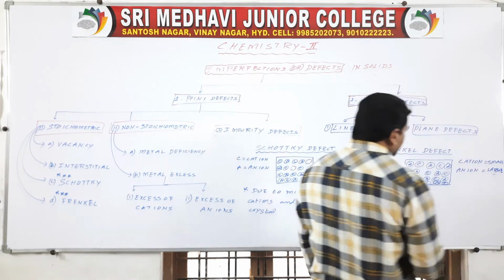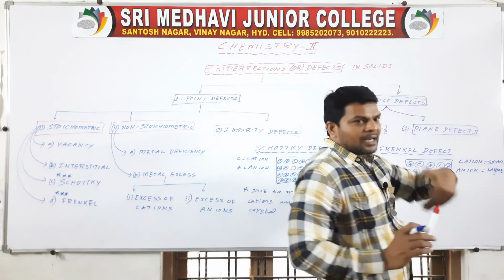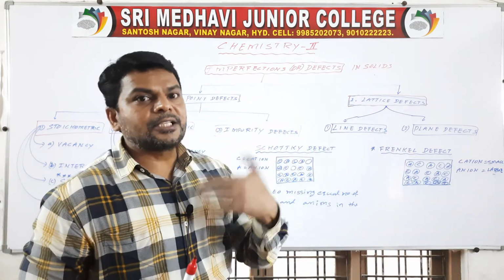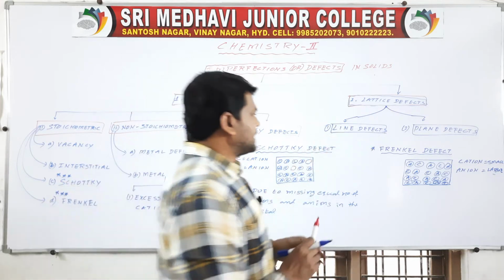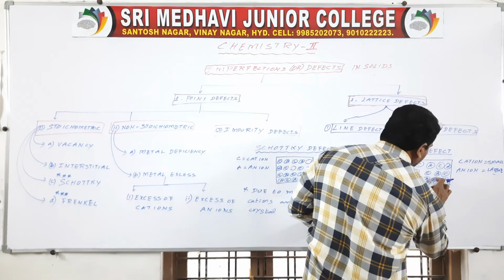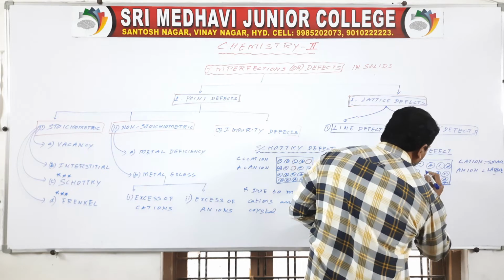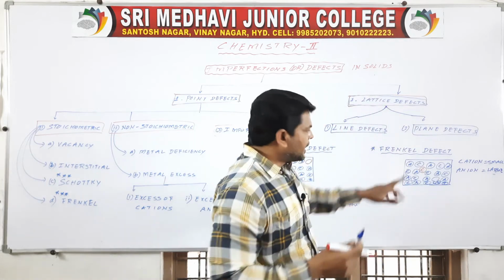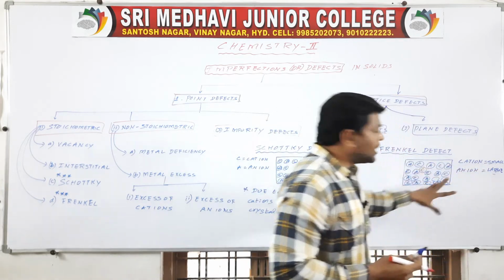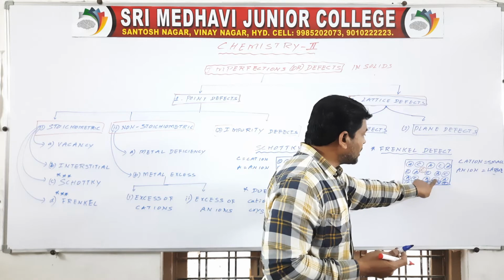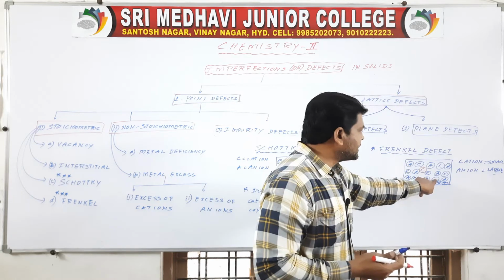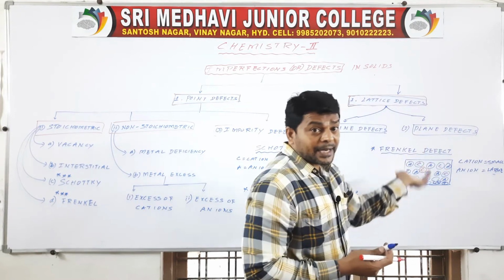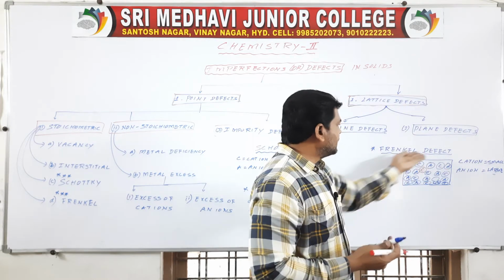Here, a small cation will be missing from its normal position and dislocated to an interstitial site. For example, if you take a cation at its normal position, it is shifted from its normal site to an interstitial site. Due to dislocation of the cation, this defect is formed.